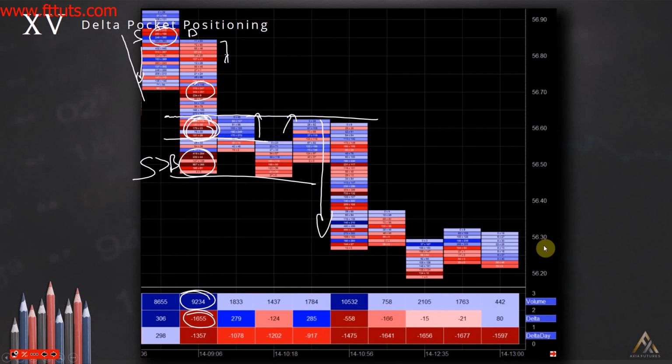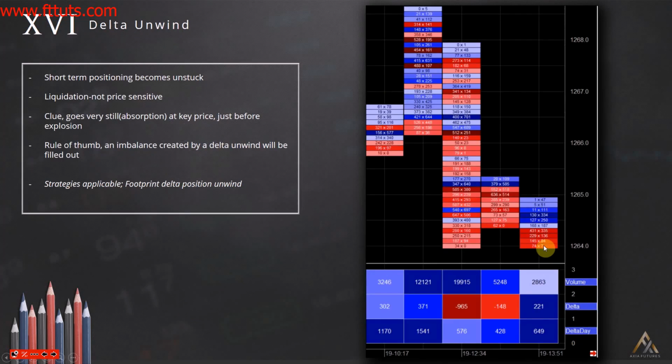Okay. Our next principle then is the delta unwind. Now, as the name suggests, it's very simply when the delta in the market gets unwound. Okay, so why does it get unwound? Well, short-term positioning becomes unstuck. Like I said to you, time is a key proponent in the auction process. If a market is unable to move prices in the direction it's going, then over time, eventually those positions are going to fall underwater, and they're going to have to unwind themselves.